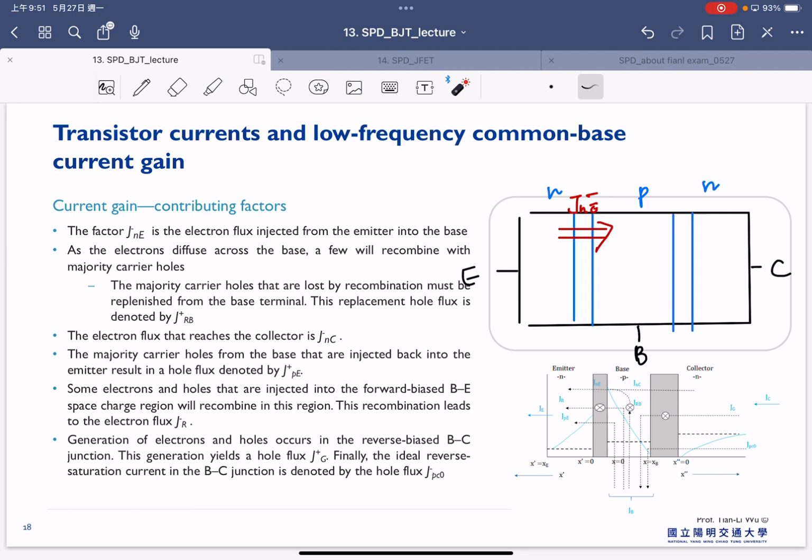So first we have JNE plus, and as it moves in here we start to have recombination in this direction, giving us JRB plus.